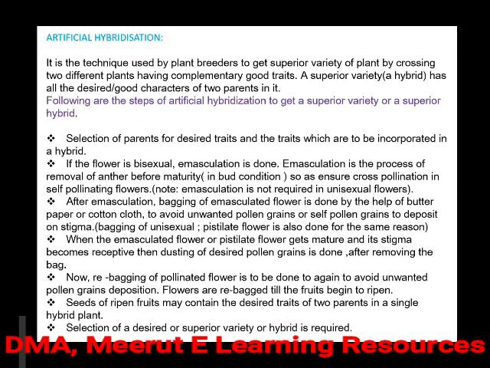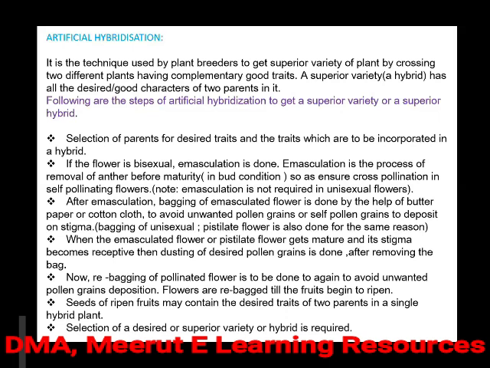Another mango plant, which lies in the close vicinity, has good resistance to a particular disease, but it is not good in taste, it doesn't have good flavor or good pulp, but it is resistant to a particular disease. Now, here you can see there are two different complementary good traits. What are they? Flavor, good taste, rich in pulp, and disease resistance.